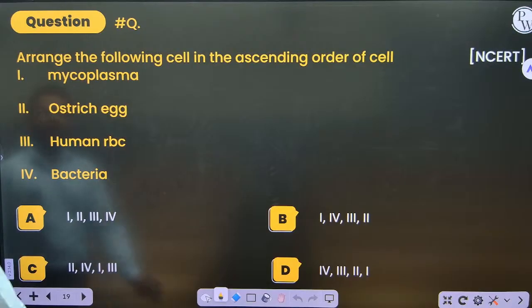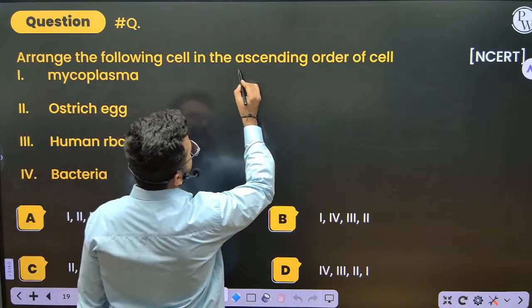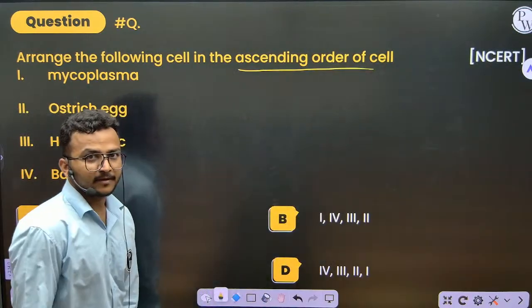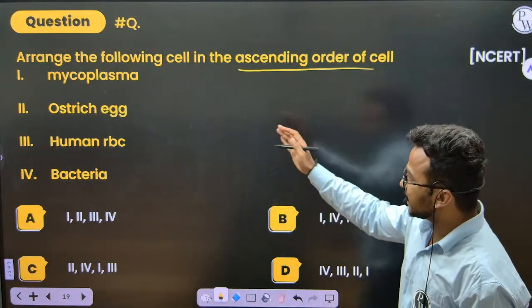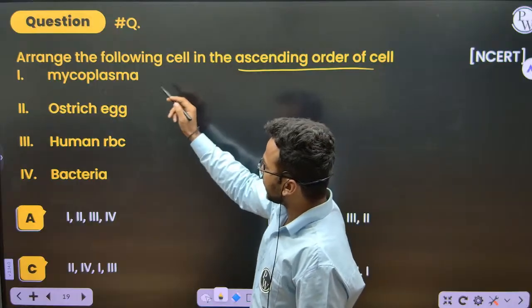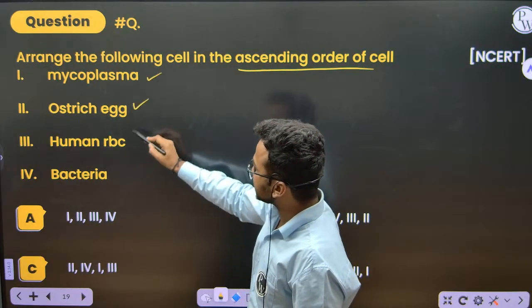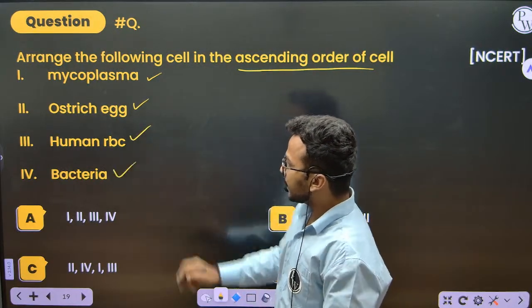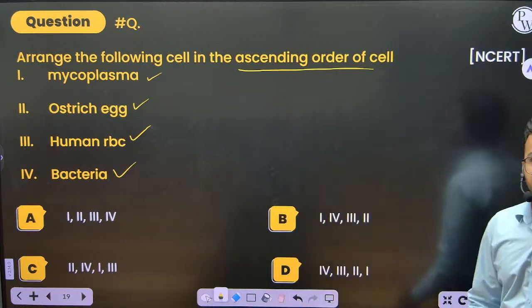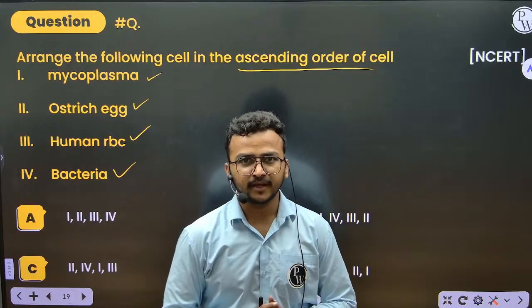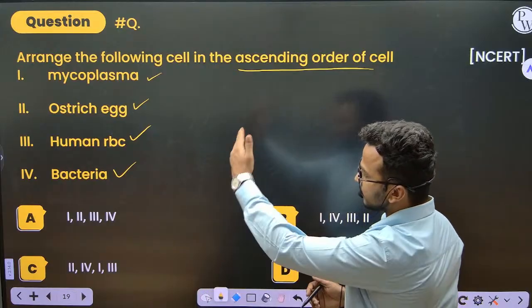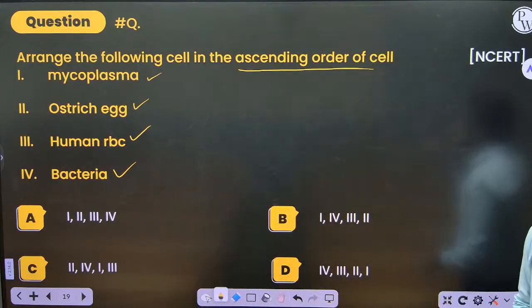Okay. Arrange the following cells in ascending order based on size: mycoplasma, ostrich egg, human RBC, and bacteria. You know the lengths and sizes of the different cells, so you can place them in ascending order.